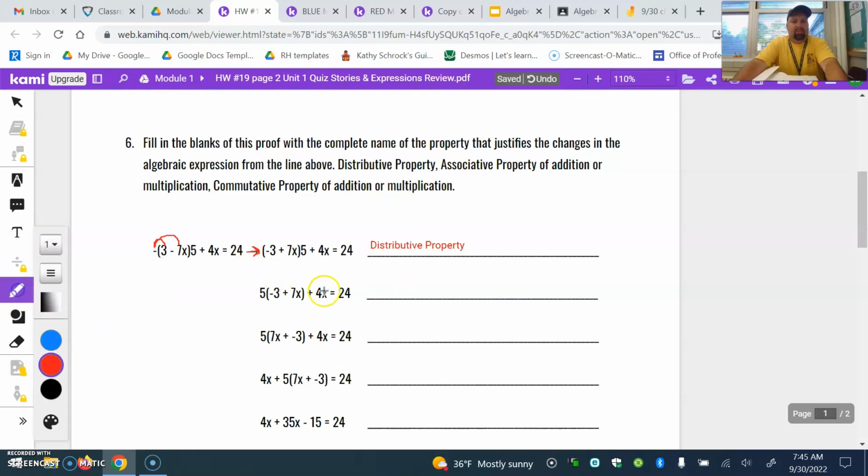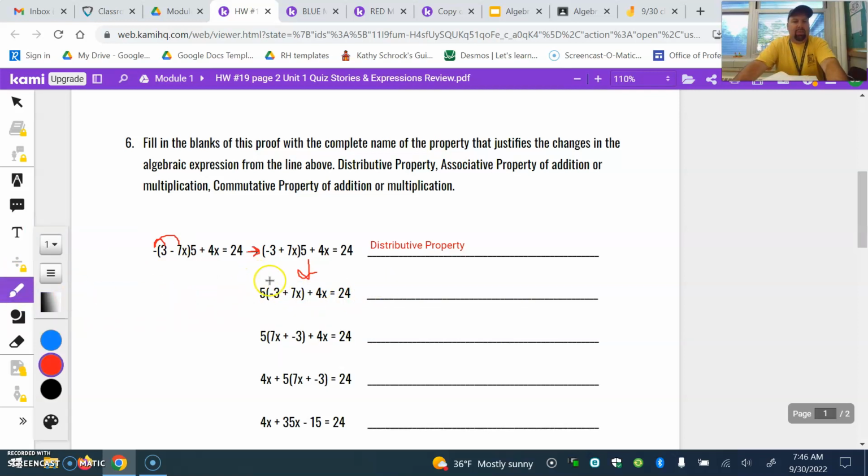Okay, so that's the first one. Next we're going from this equation to the one below. And the only change I see here is the 5 is behind the parentheses, now is in the front. When you change the order, remember CO, change order, that is commutative property.